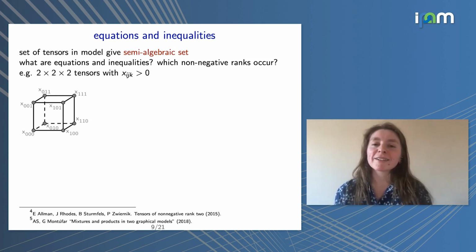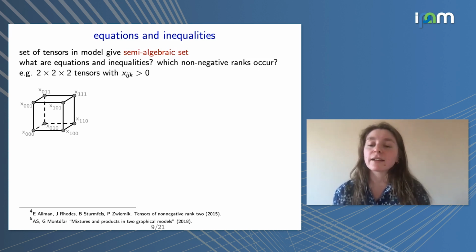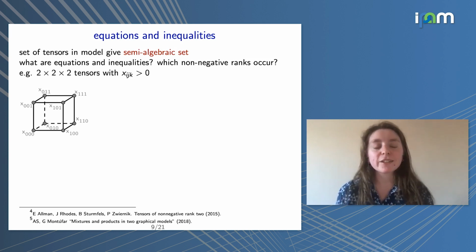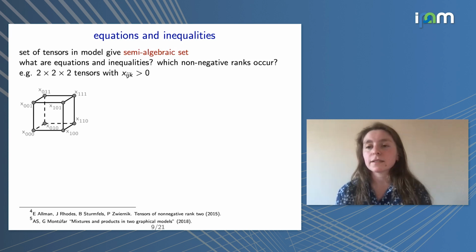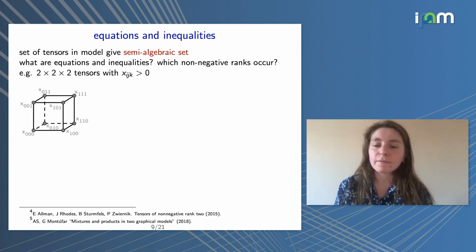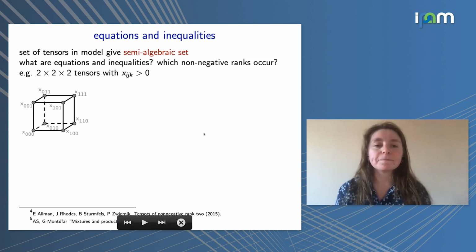And we can ask the question, which non-negative ranks occur? This is fully understood, I believe, only in the case of 2 by 2 by 2 tensors. Let's assume that all the entries are not only non-negative, but actually positive, because it makes the description of the inequalities a bit easier.